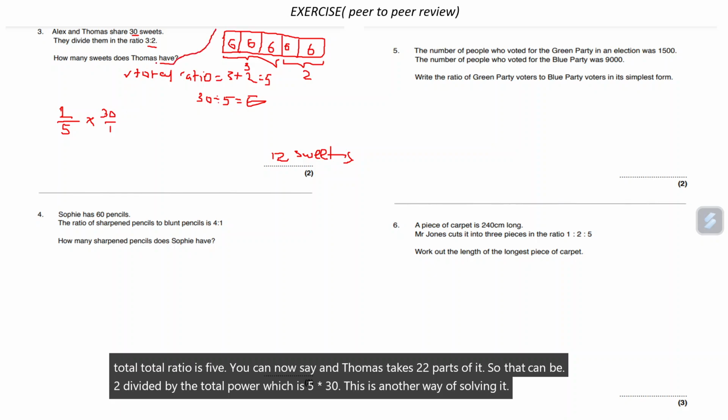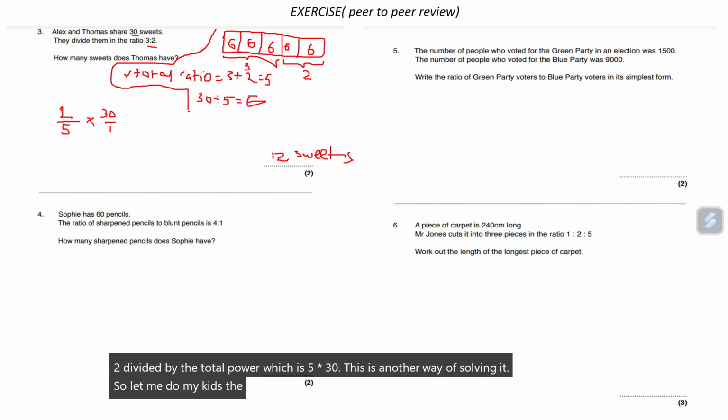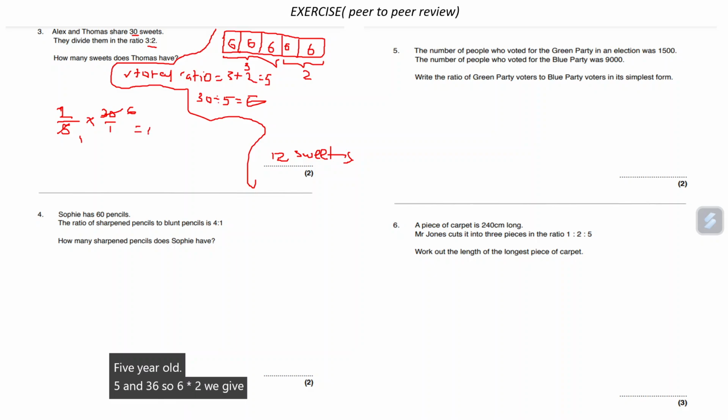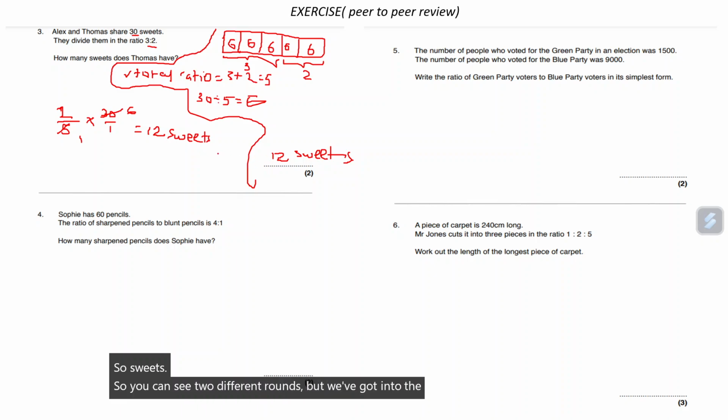So let me demarcate the solution here. 30 divided by 5 is 6. So 6 times 2 will give us 12 sweets. So you can see two different routes, but we've gotten to the same destination.